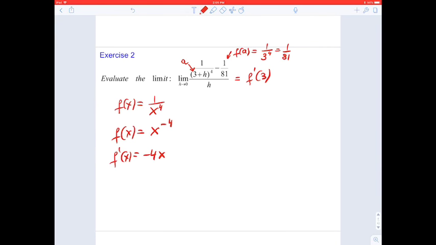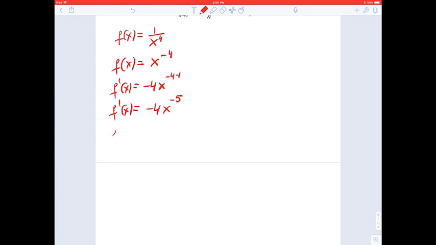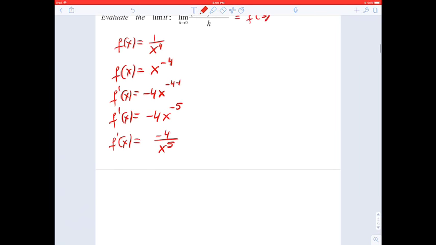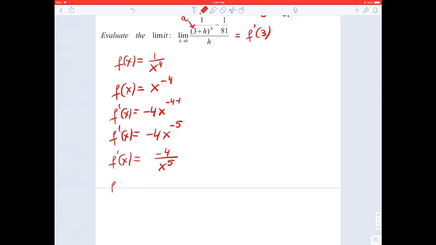Negative 4, x to the power of negative 4 minus 1. It is negative 4, x to the power of negative 5. Let's rewrite as negative 4 over x to the power of 5. And then we need a value at 3. Negative 4 over 3 to the power of 5.